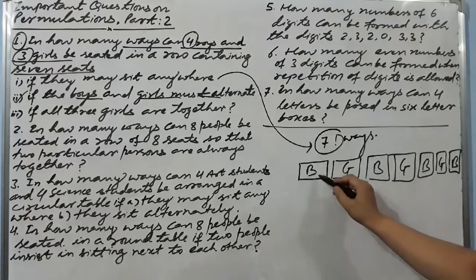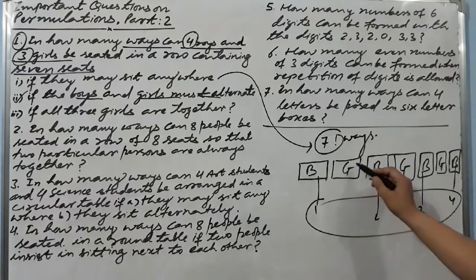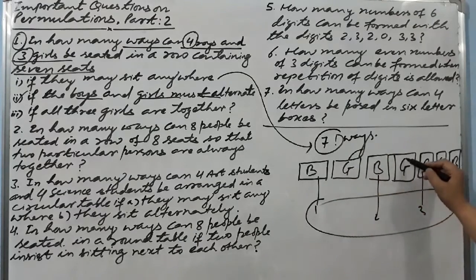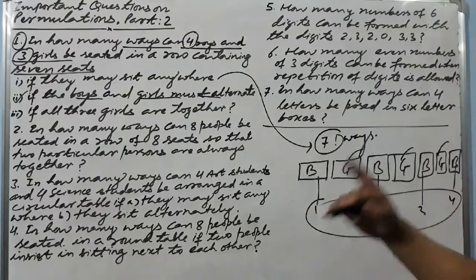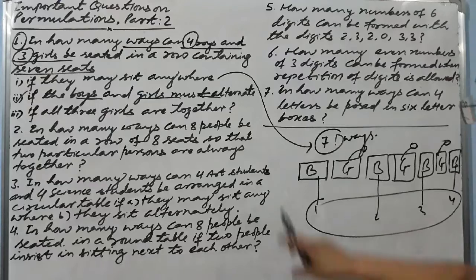Look here, how many boys? One, two, three, four. So total boys are four. And girls, one, two, three. There are three girls and four boys.